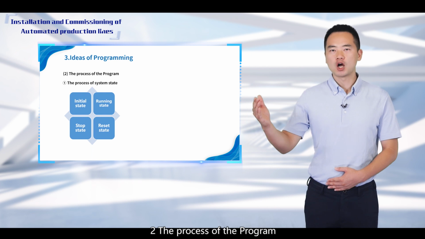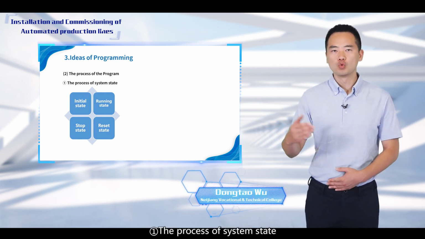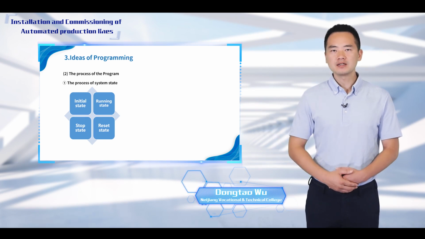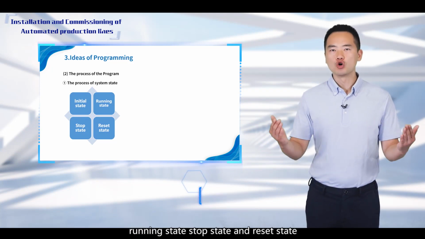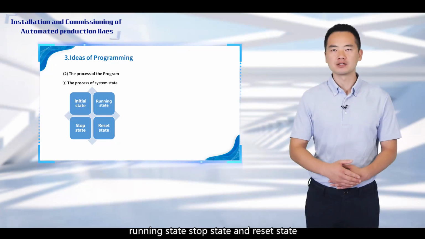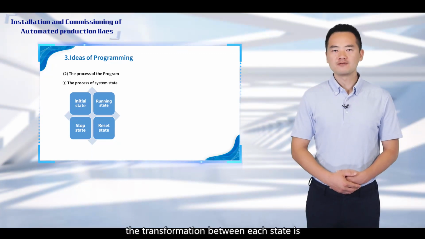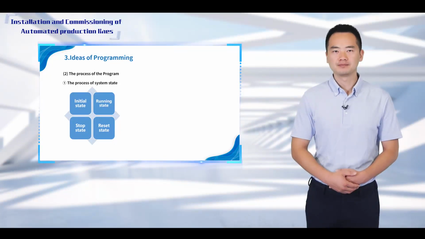The process of the program. 1. The process of system state. The system state is composed of initial state, running state, stop state, and reset state. The transformation between each state is shown in the system state flowchart.